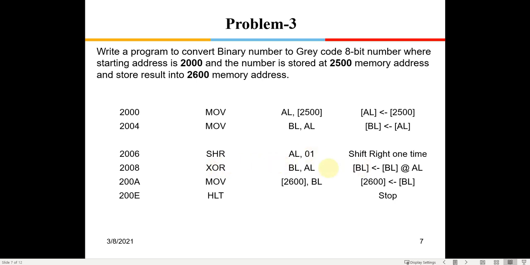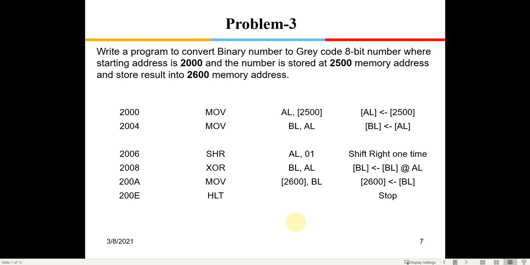Then you do an XOR operation of BL and AL. Whatever data is available in BL, we are going to move into the required destination memory. So this is a small program where we can do the binary to gray conversion.